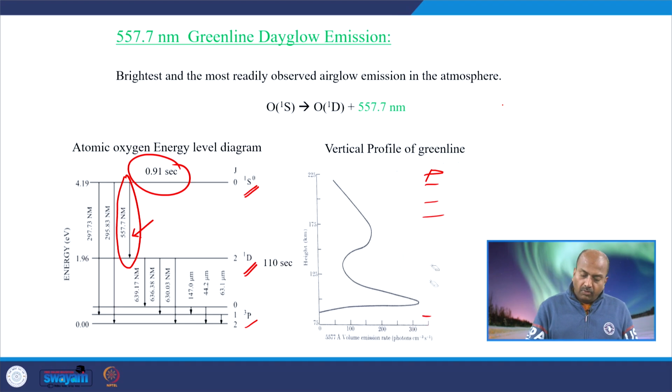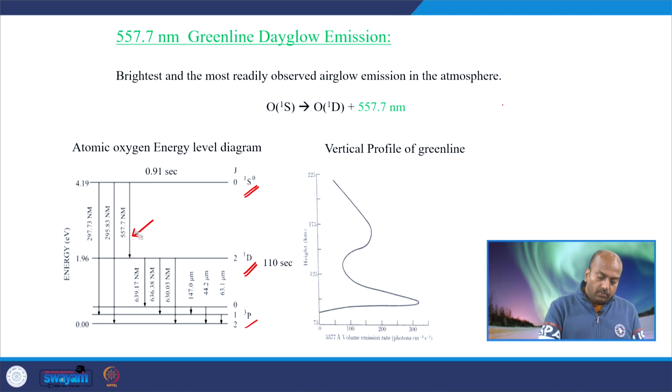Right. Now, without going into many details about the photochemistry, which is basically chemistry induced by the photons or incoming electromagnetic radiation, we will briefly touch upon some aspects of this green line airglow emission.